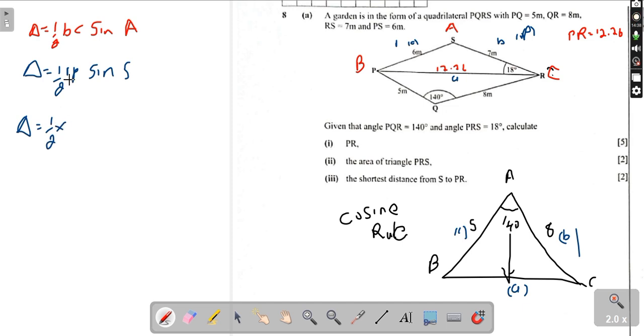Multiplied by R, which is 6, and P is 7.